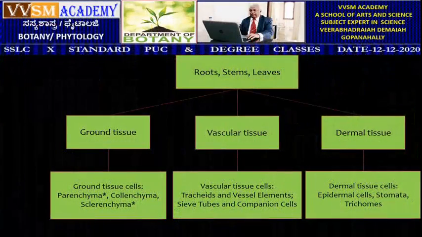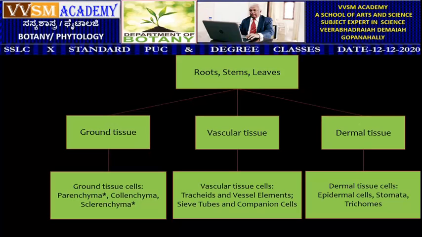So roots, what is the function of the roots in the plant? And the plant consists of stems. The shoot system consists of stems as well as the leaves. The root system consists of the roots: mother root, lateral roots, tap roots. Ground tissues. The tissues are very important organs in the body as we know. Ground tissue cells, which I already told you: parenchyma, collenchyma, sclerenchyma.